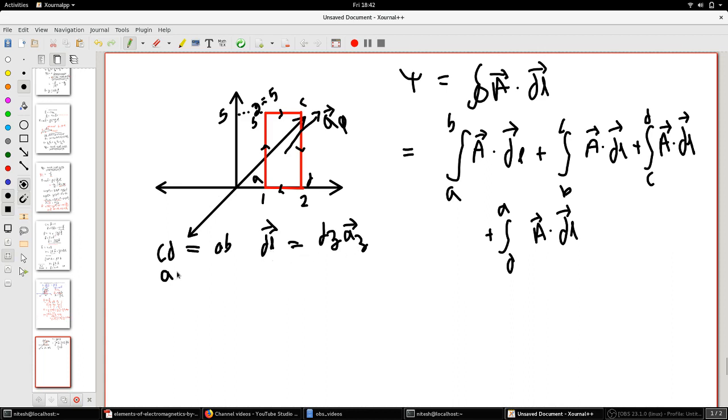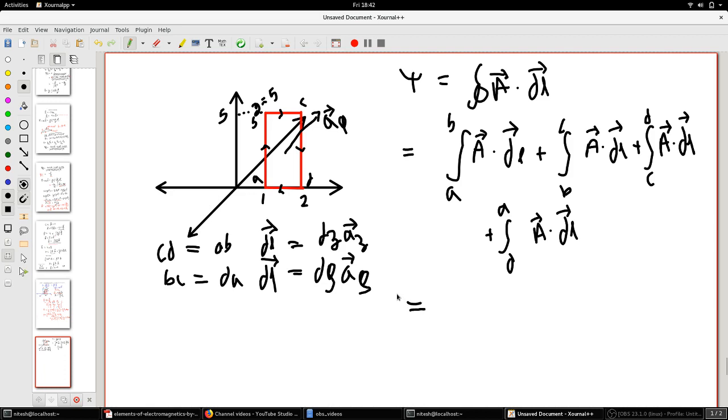For BC and DA, my dl vector will be d rho a rho. So what we have assumed as the convention is we keep the sign positive even if it is going in minus a rho direction. Only thing, limits of integration will change, right?